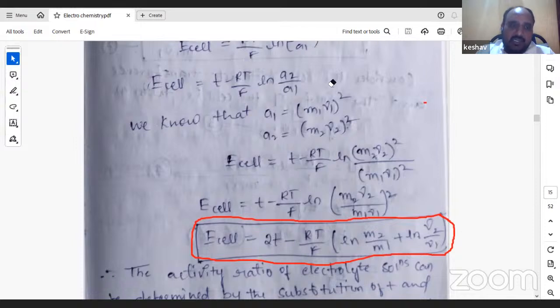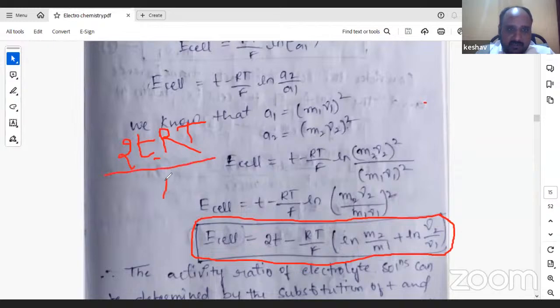So we have to write it like this, right? Students make mistakes here. This is 2 into T minus, the transport number of the negative charge, and 2T minus into RT divided by F, that is the equation.